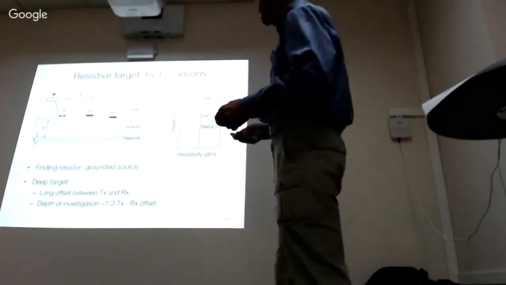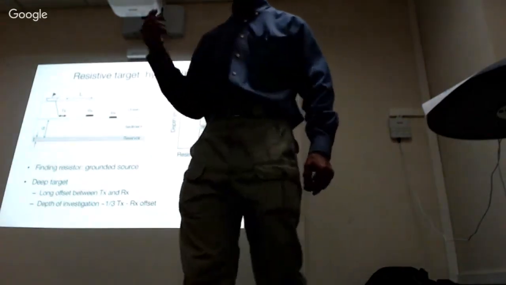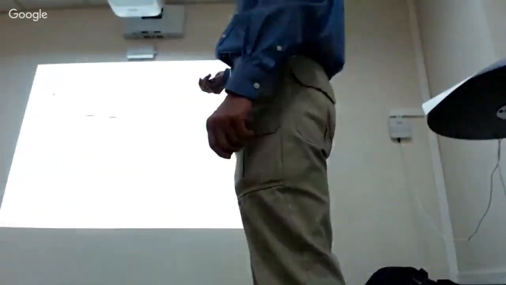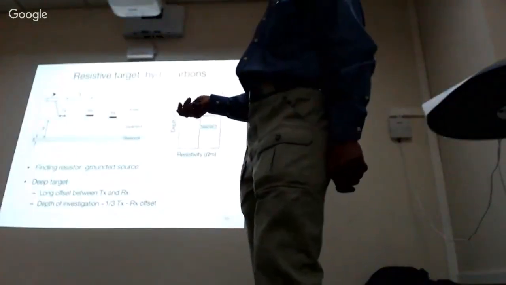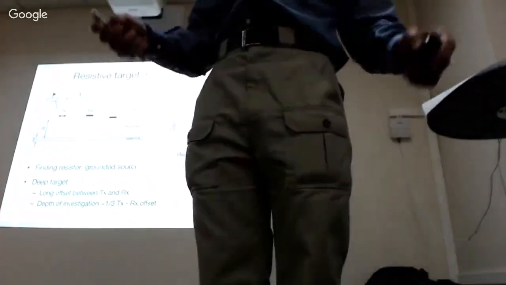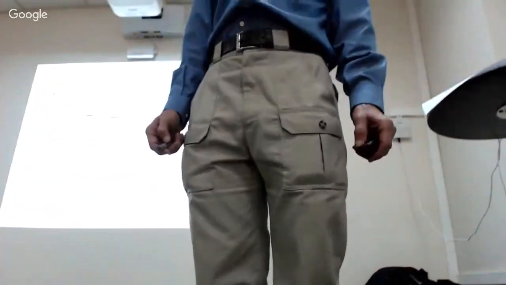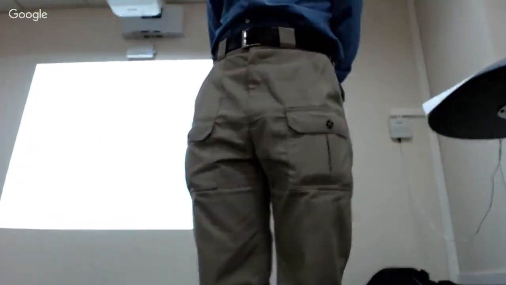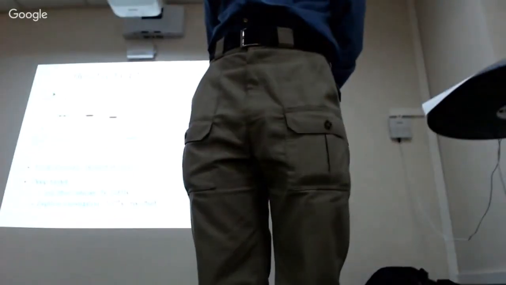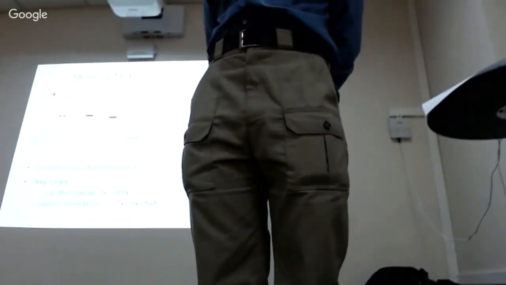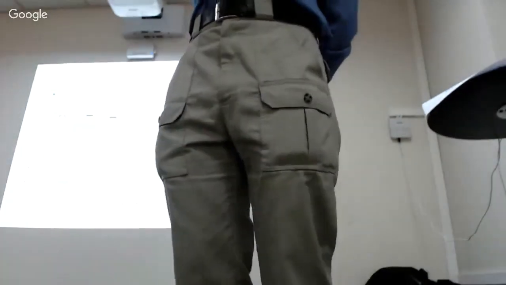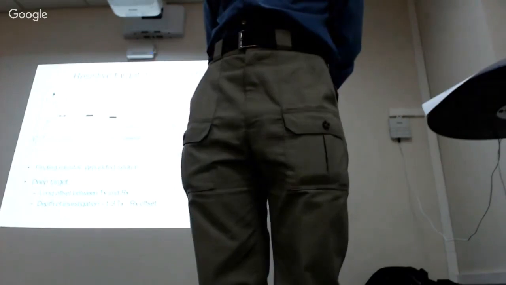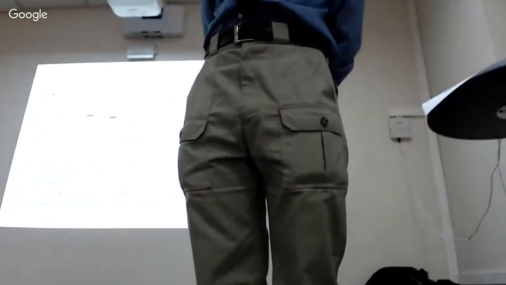Okay, so the question is, you're faced with this. And this is a really serious question, right? You want to try to find a resistive hydrocarbon layer at depth. What technique do you use? From before, the inductive technique would be difficult for us, so we should not use the inductive technique.